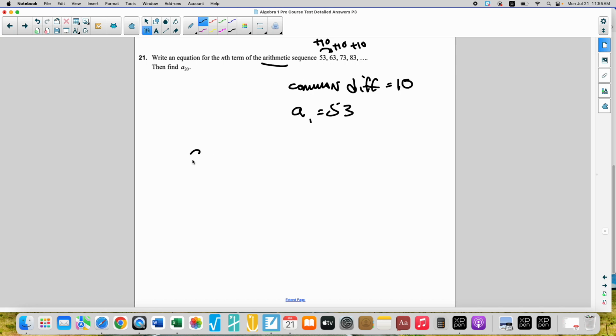And so with that, we can say a sub n equals, and this is the formula, a sub 1 plus n minus 1 times d. Filling in a sub 1 and d, we get 53 plus n minus 1 times 10.